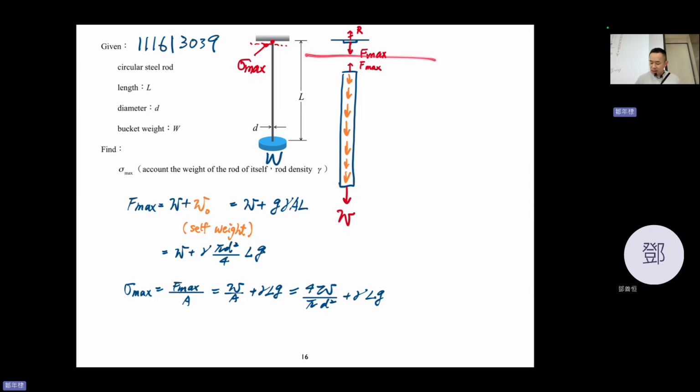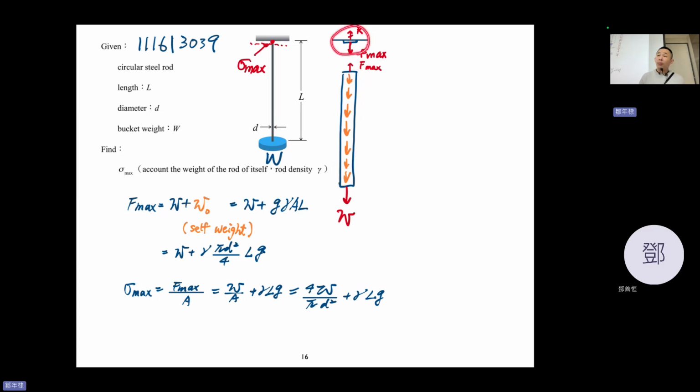Okay, I cut it and separate them, and then each part must follow equilibrium status, right? So because you cut it, firstly, you don't have this arrow, right? But you have the rest of the arrow. You need to make this part equilibrium. So you need to put one force here to make it equilibrium, to make this part stay here, okay?